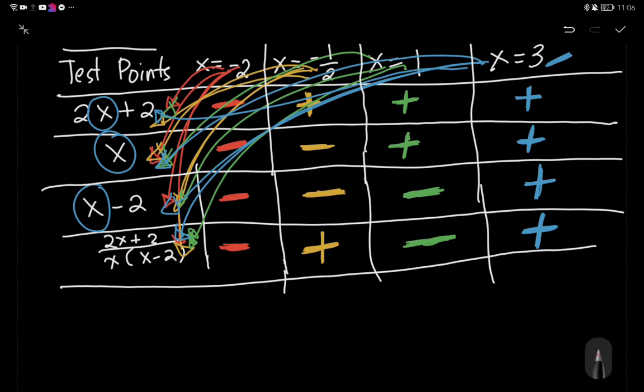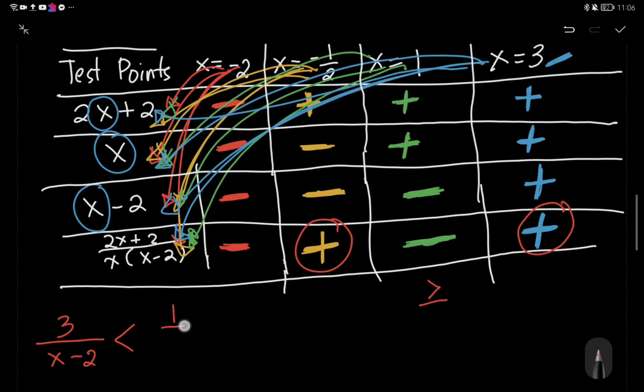Okay, now let's continue. Earlier, sa example number 1, ang atong gikuha na solution is ang katong nag-positive, kanang duha. Kaya ang atong gigamit nga symbol sa example number 1 is greater than or equal to. Pero sa example number 2 na to, ang ato ang inequality is 3 over x minus 2 is less than 1 over x.